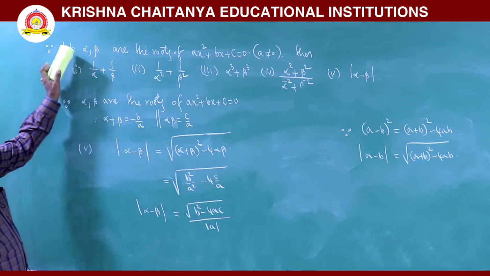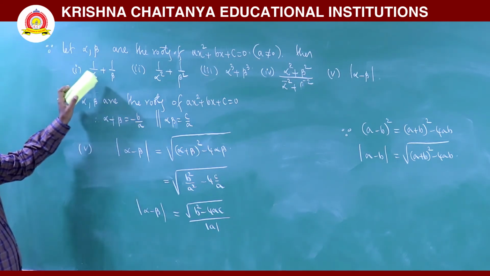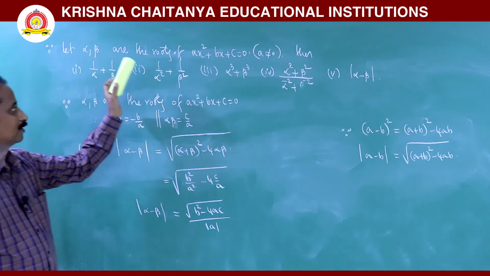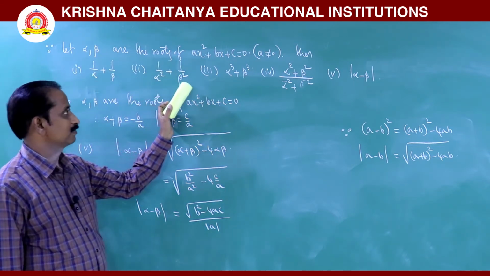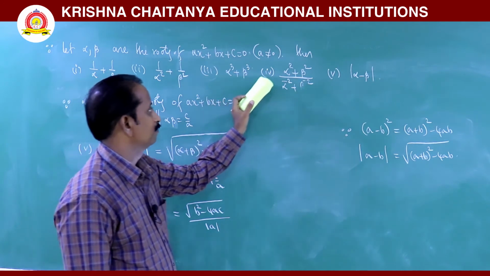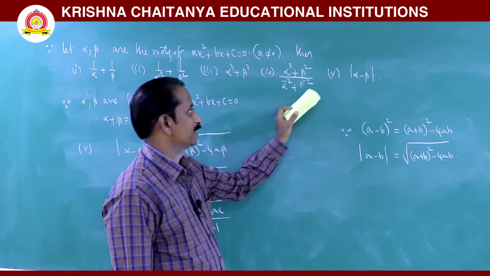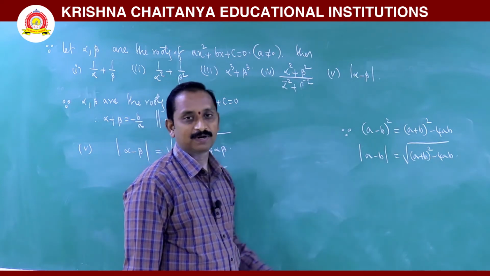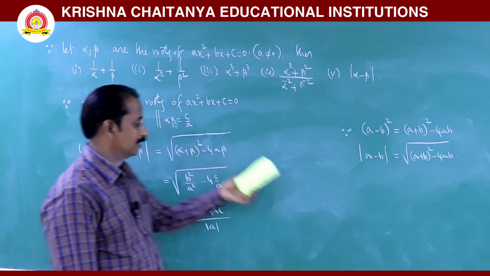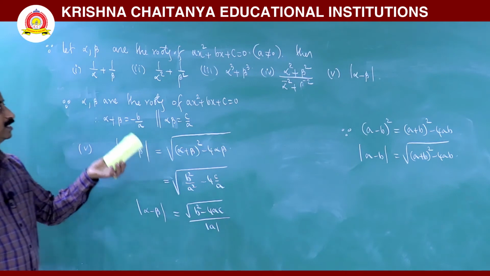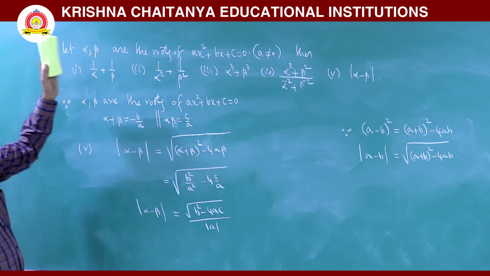So, for this problem, sum of 1 by alpha plus 1 by beta, 1 by alpha square plus 1 by beta square, alpha cube plus beta cube, alpha square plus beta square by alpha power minus 2 plus beta power minus 2, and last one modulus of alpha minus beta. These are the solutions of the following questions.